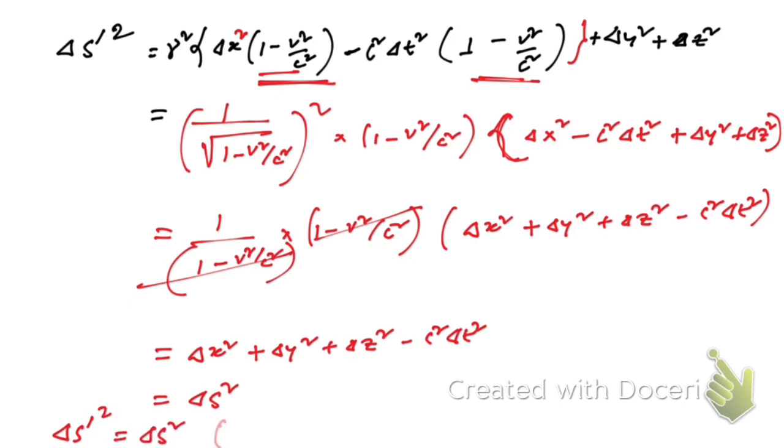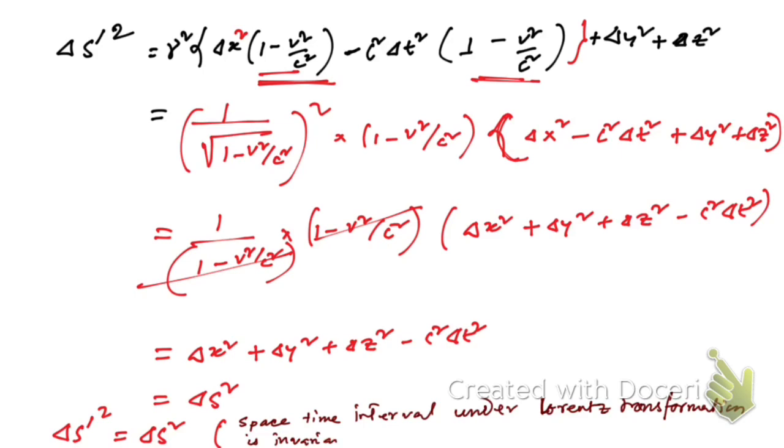So that means what we can say, that space-time interval under Lorentz transformation is invariant. Right? So this is proved.